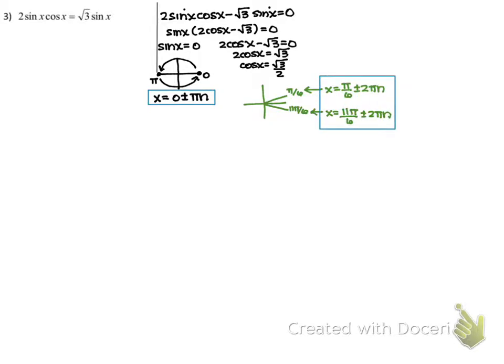So the distance then is just a full loop to get back to where it was. So I think we have to have all three answers. 0 plus or minus pi n, pi over 6 plus or minus 2 pi n, 11 pi over 6 plus or minus 2 pi n. Really, writing out all three of these is still way less work than spending our entire life and then passing it down in our family for people to label them all out.